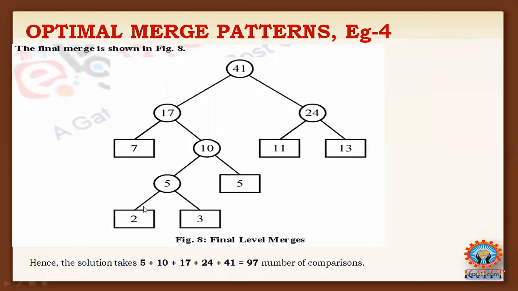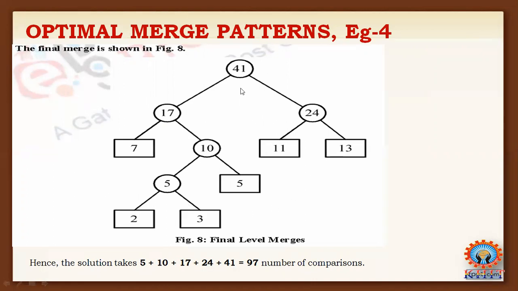So the tree will be generated in such a manner, in a hierarchical way or level wise. So how many comparisons are required? We need to calculate. In the first level, we take 5. In the second level, 10 comparisons are required. In the third level, 17. In the fourth level, 24.